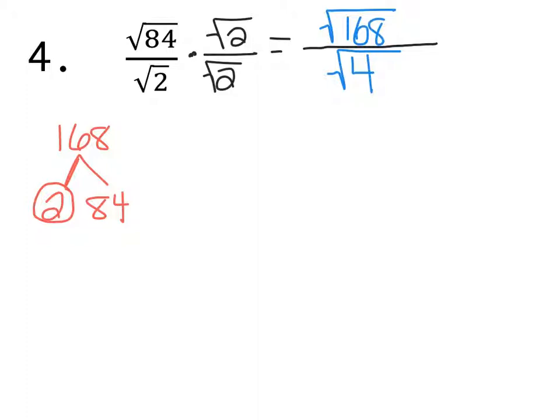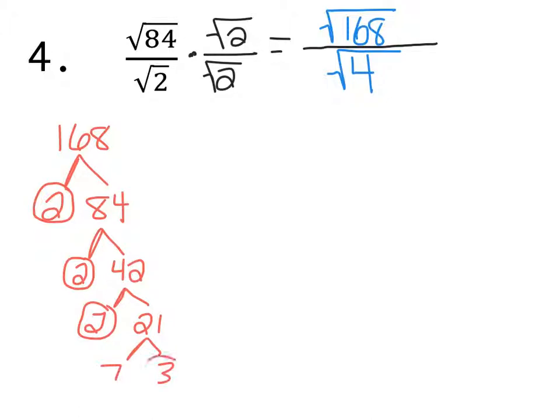So 2 is a prime. What can 84 break down to? I'm going to use 2 and 42. 2 is a prime. What can 42 break down to? I'm going to use 2 and 21. And then 21 can break down into 7 and 3, and they're both primes. So we're done. We can't break down anything else.